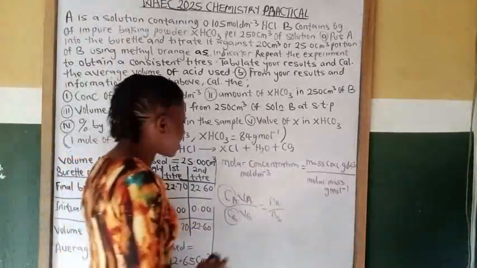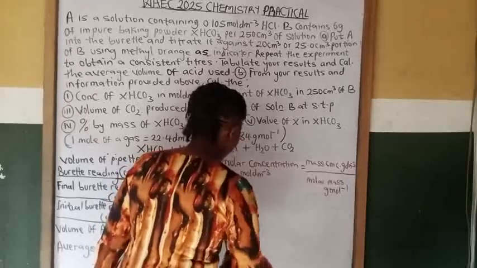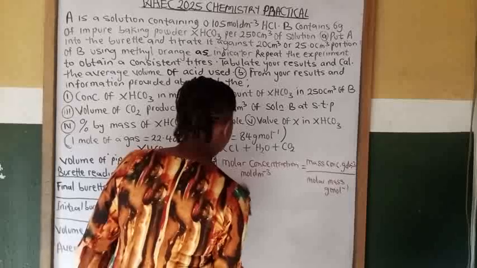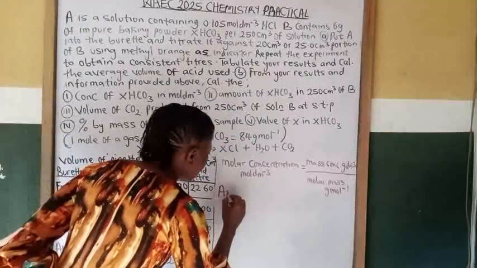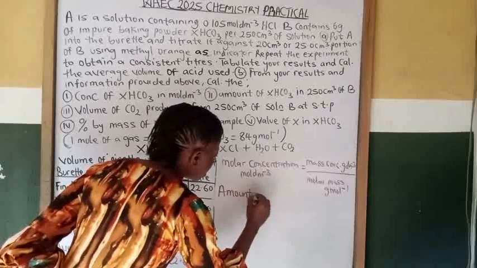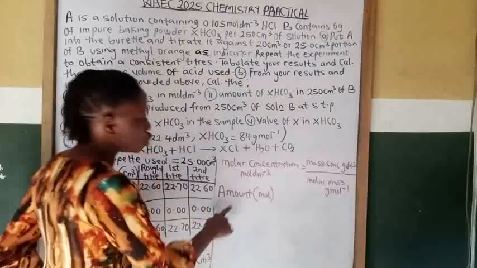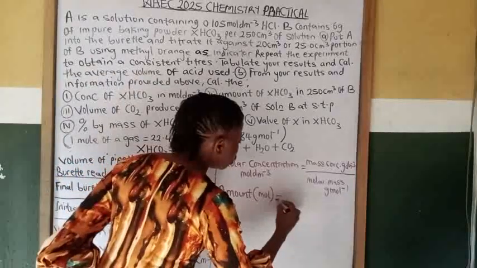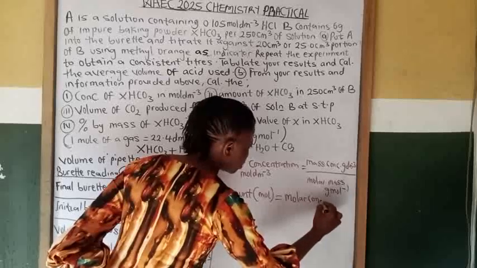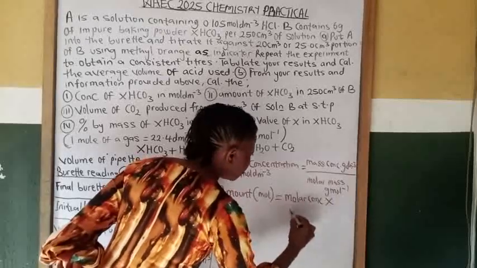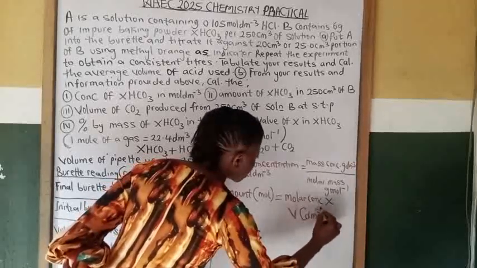Then another formula is amount in mole. To calculate amount in mole, you use molar concentration times the volume of that substance in dm cube.